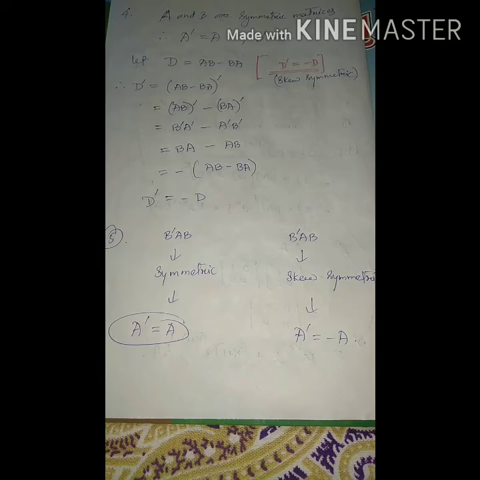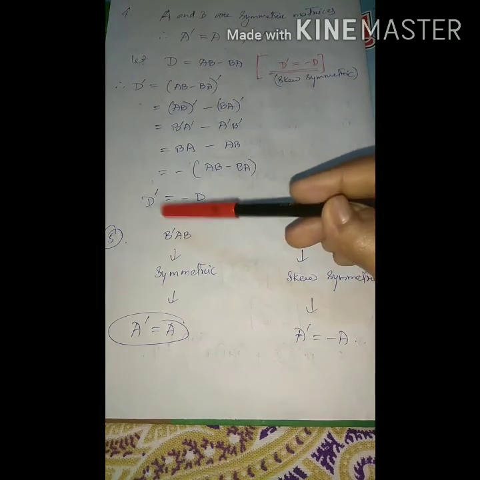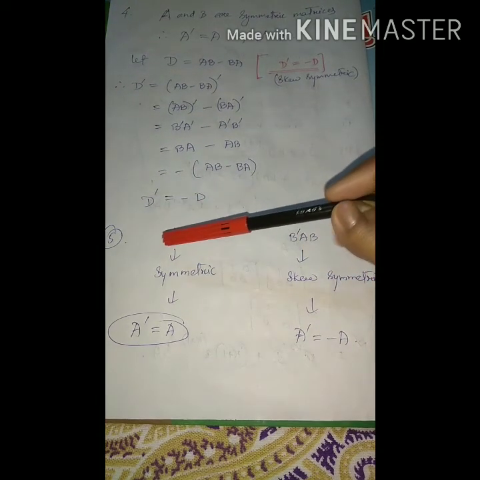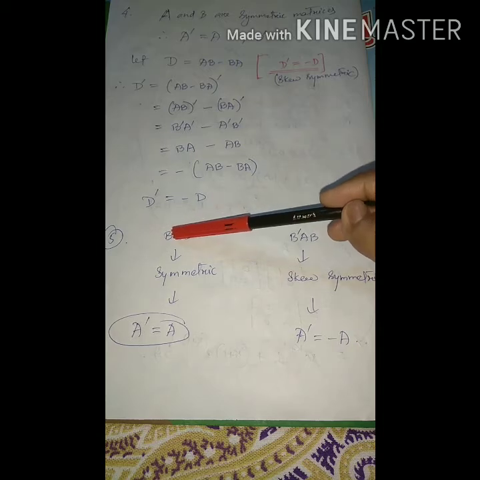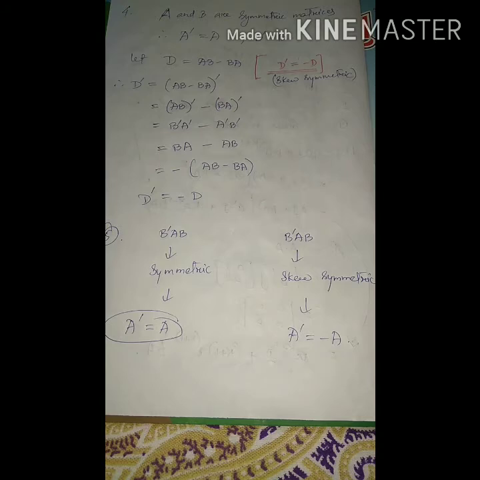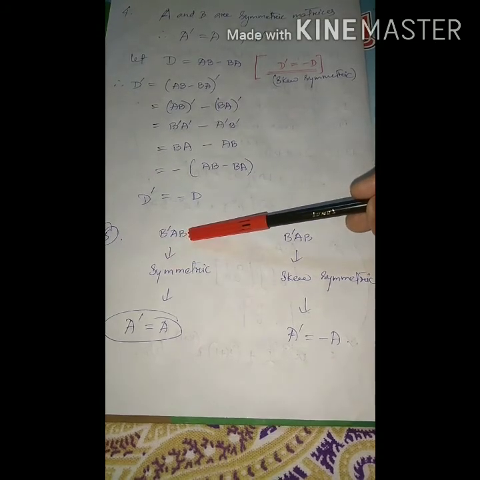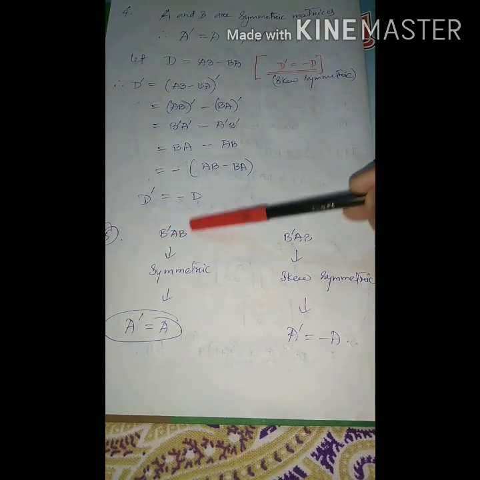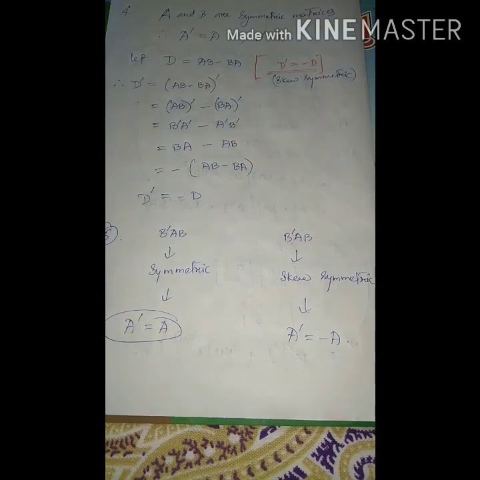And then again in place of AB you apply the B transpose A transpose condition. After transposing, in place of A transpose you have to put A. Is it clear? In place of A transpose you put A, and then you see the whole result, the same result you get again. So in this way you can prove it is symmetric.